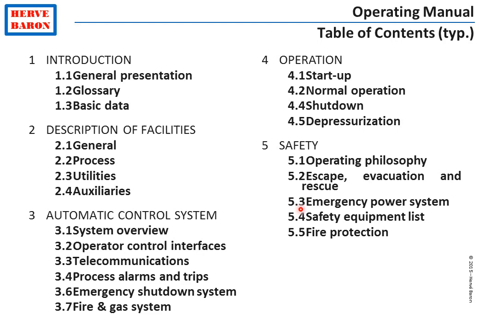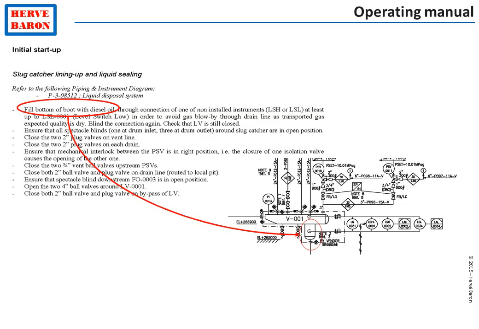It naturally contains detailed instructions for startup, normal operation, as well as shutdown of the plant. It also contains reference information, such as the capacity of the various vessels and equipment, the set points of controllers, alarms.